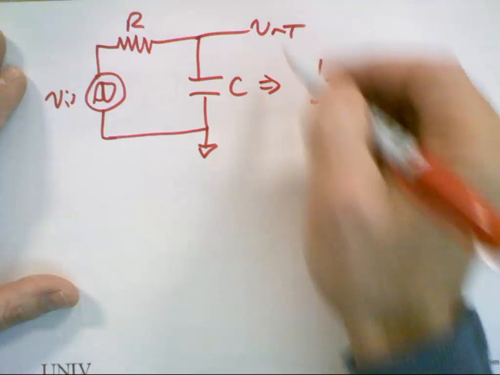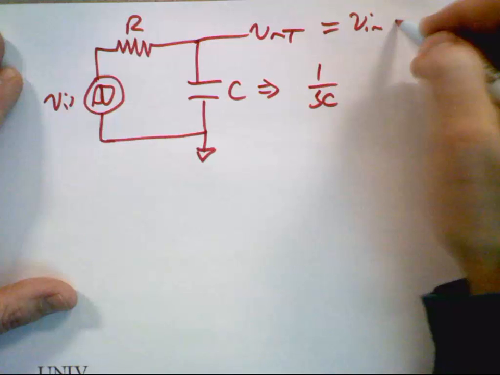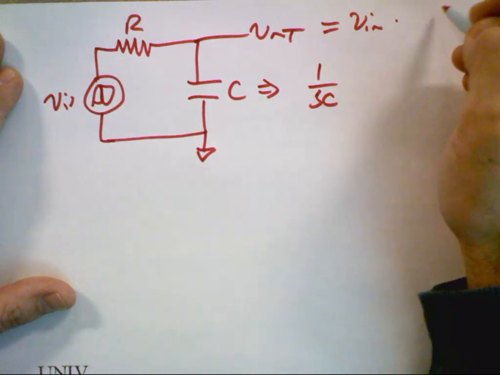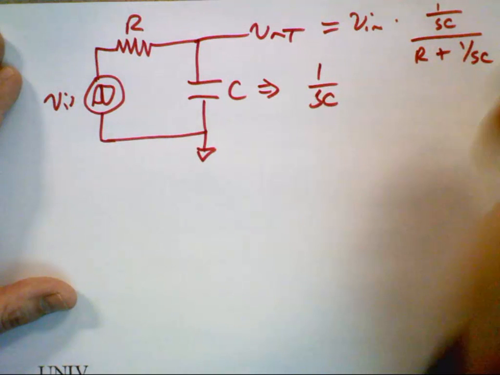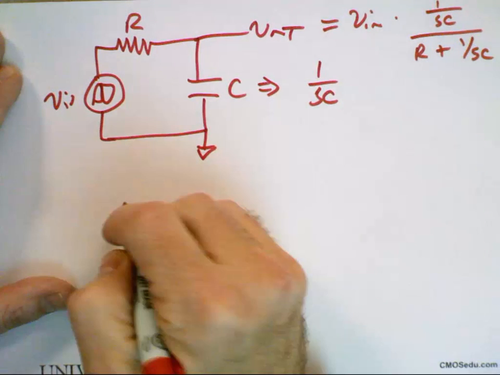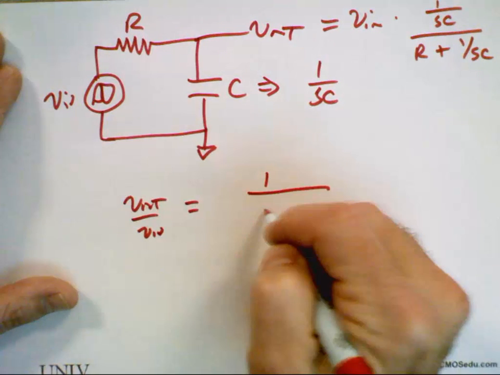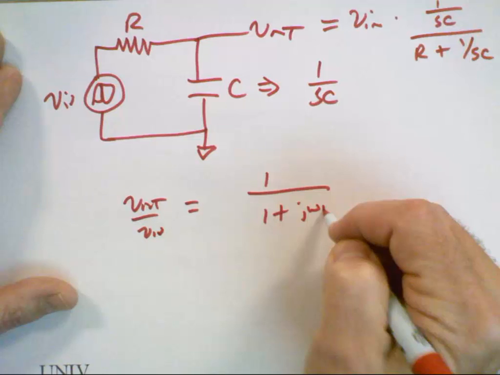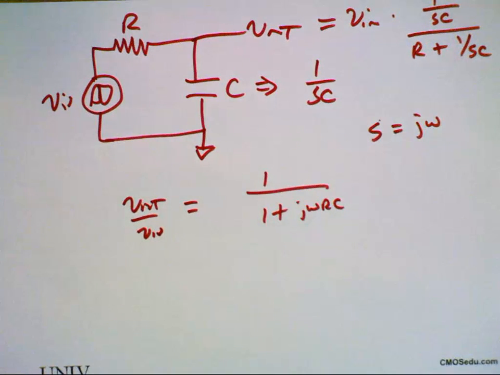And so if I do a voltage divider, Vout is equal to Vin times 1 over SC divided by R plus 1 over SC, or Vout over Vin is equal to 1 over 1 plus j omega RC, where S is equal to j omega.